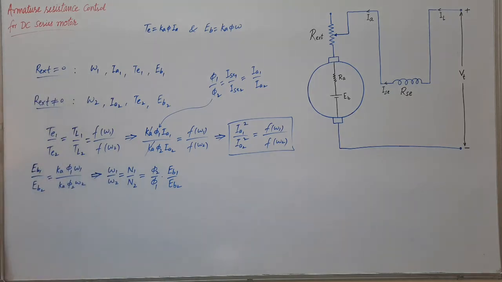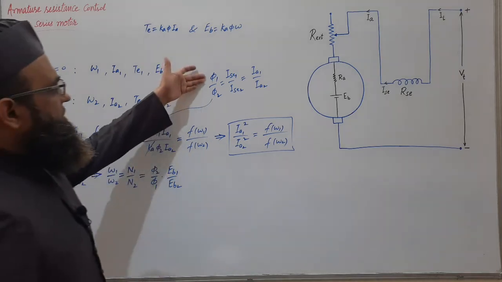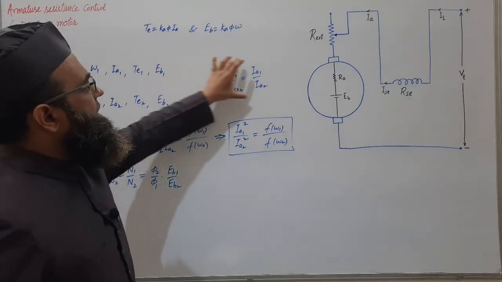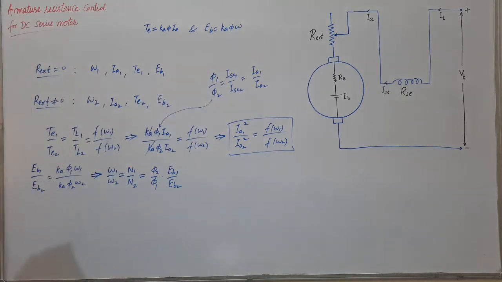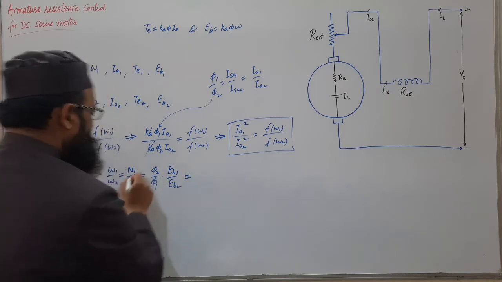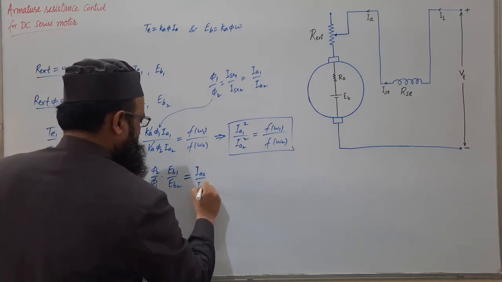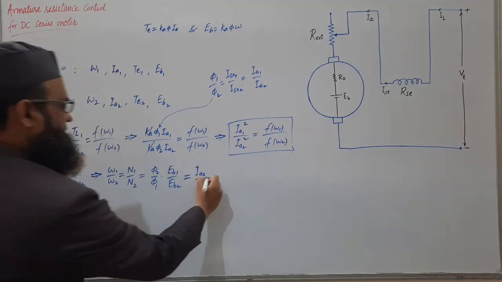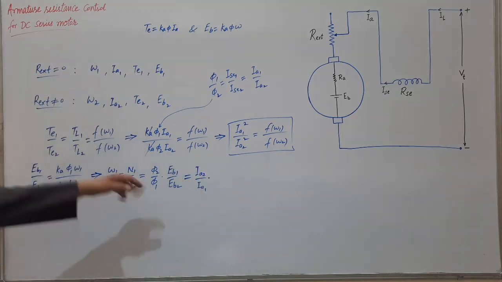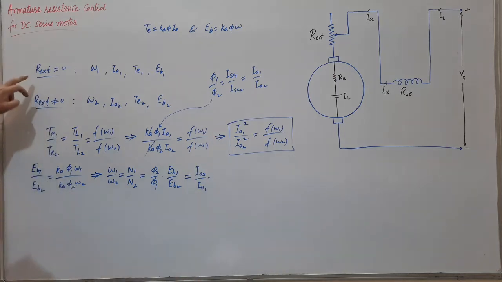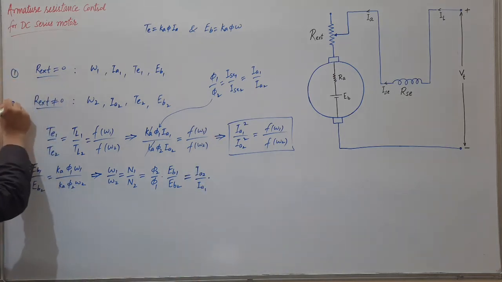Check it again. Omega 1 by omega 2 is phi 2 by phi 1 times EB1 by EB2. Fine. As discussed, this ratio may be represented in terms of the ratio of armature currents. So phi 2 by phi 1 may be written as IA2 by IA1 times EB1 by EB2. EB1 is when REXT is 0, this is case 1 and this is case 2.